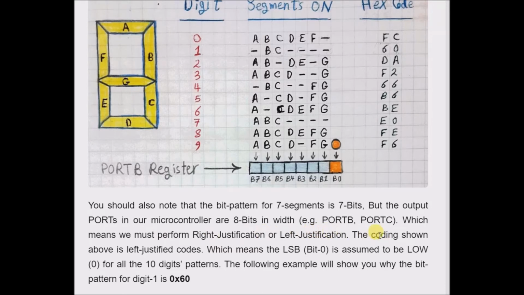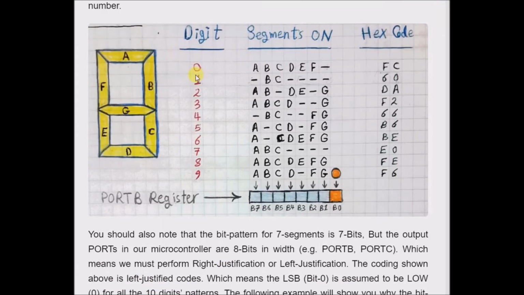The coding shown above is left justified codes, which means the LSB bit 0 is assumed to be low, 0 for all the 10 digits patterns. The following examples will show you why the bit pattern for digit 1 is 0x60. Okay, so once again, digit 1 is just B and C.